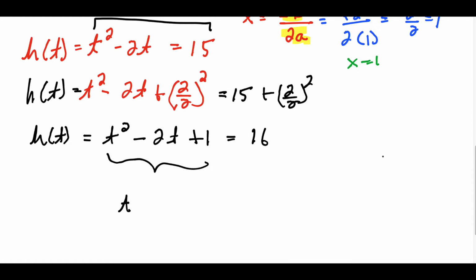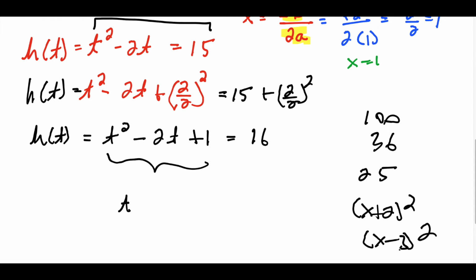Mm-hmm. So numbers that are perfect squares are numbers like 36, 100, 25. Other perfect squares are x plus 2 squared, x minus 3 squared. These are all perfect squares, and they could have been written as 10 squared, 5 squared and 6 squared, right?